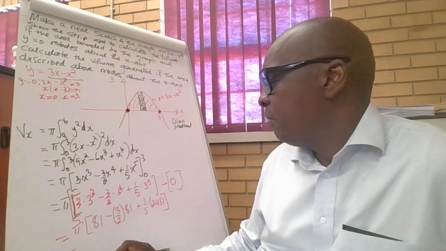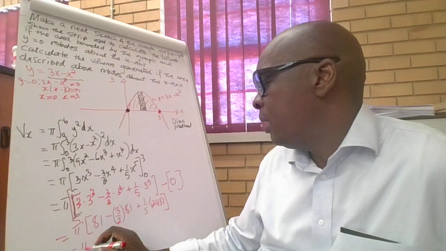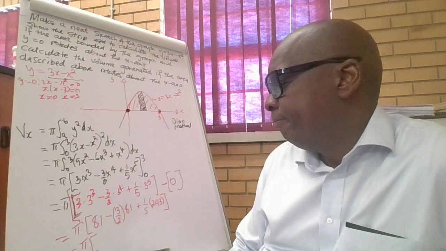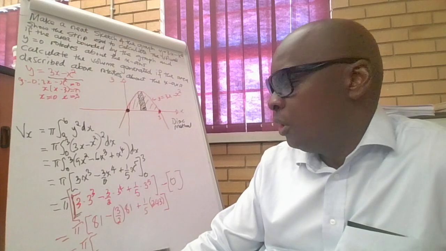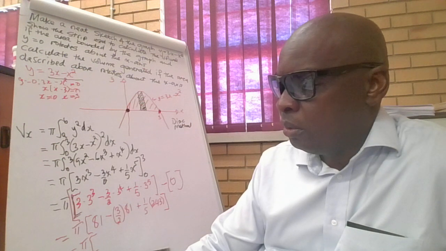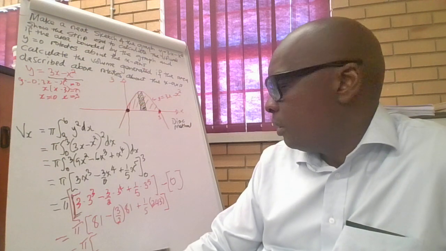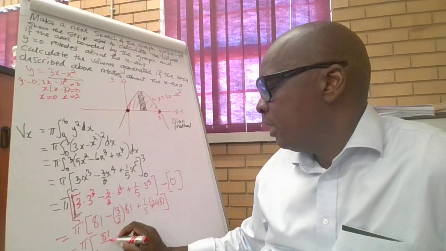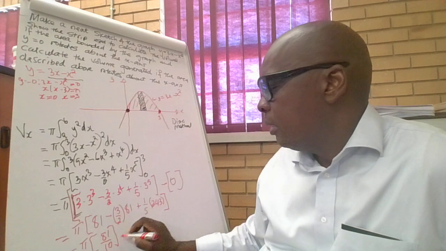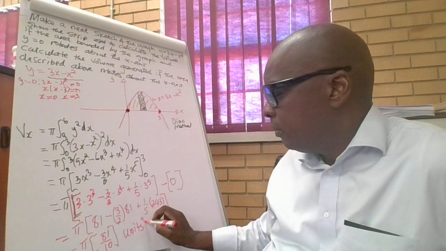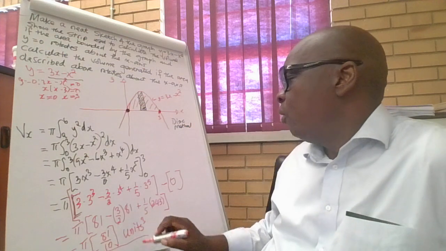So we can simplify there. That becomes pi times, after a quick calculation, 81 over 10, and this would be units cubed. So that's the volume that we get.